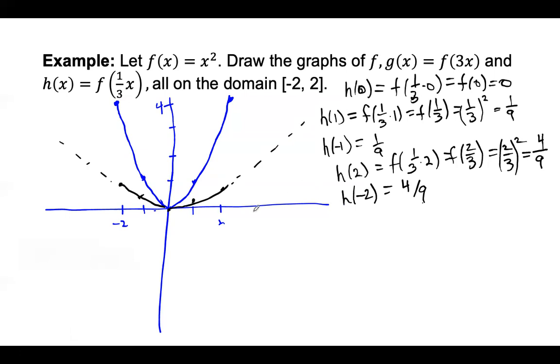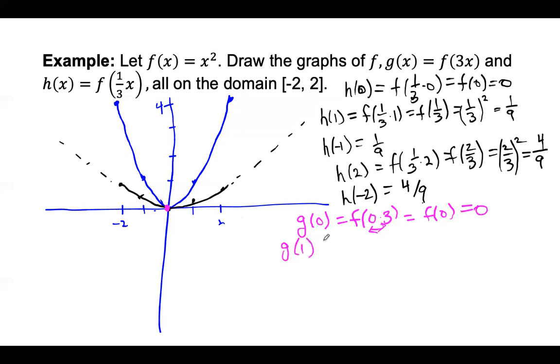And then we can also do it for g. G of x at 0 is obviously going to be f times 0, the same idea, times 3. Sorry, these should be flipped. Anyways, it's f of 0 equals 0. So again, it starts at 0.